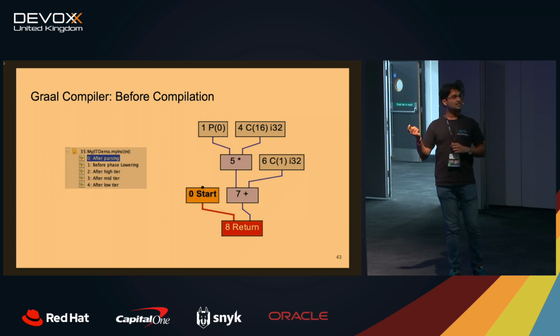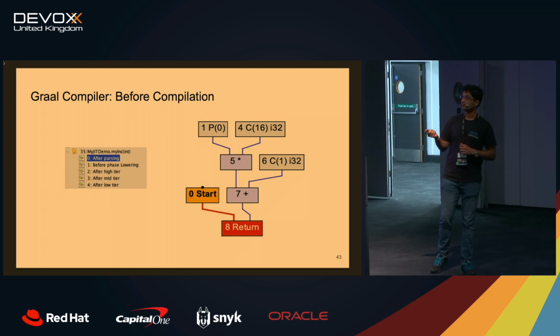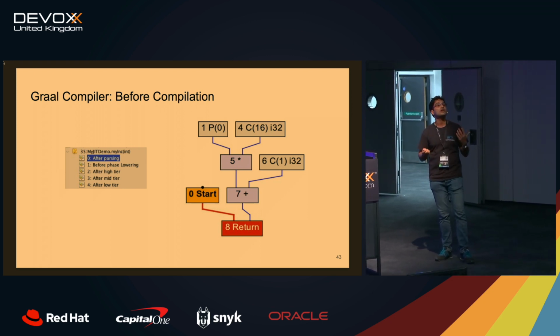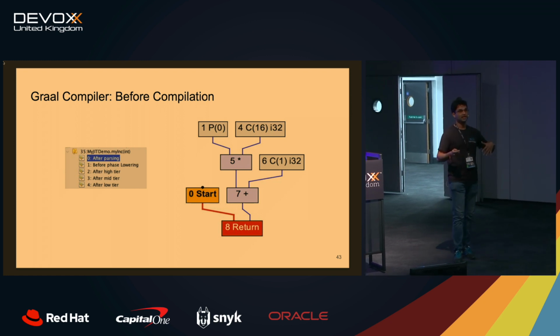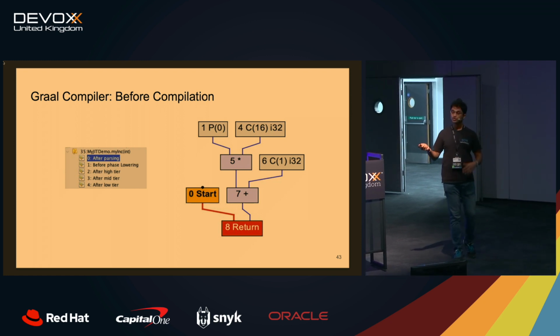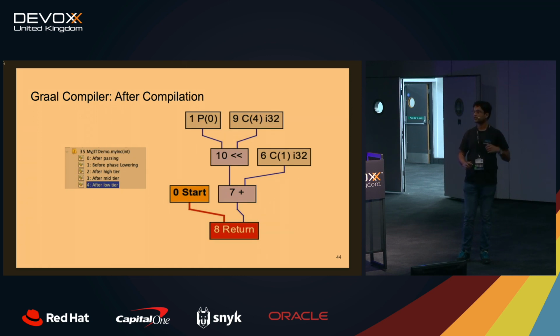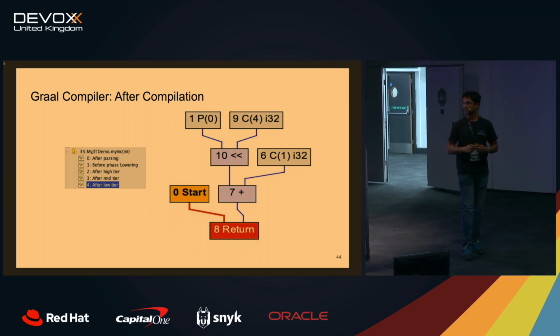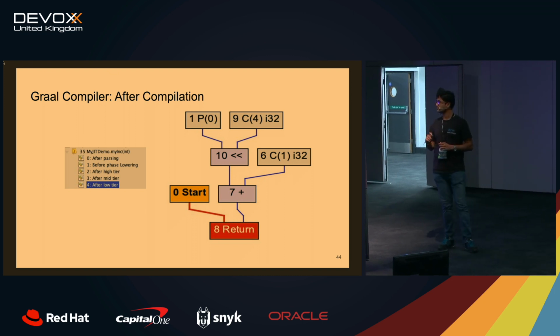So this is the screenshot from Ideal Graph Visualizer, which allows you to look at how the graph looks at different stages of compilation. This is the version as soon as you parse the bytecodes and convert them into the graph-based representation. Afterwards, at the end of the top tier, the platform-agnostic optimizations, it would look something like this.